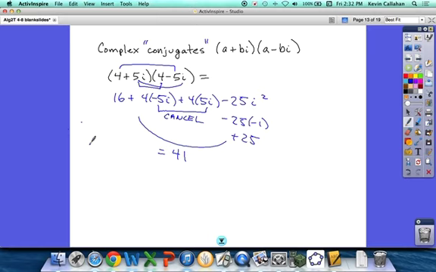We multiplied two imaginary numbers, and we got rid of all the imaginary parts. Now we just have a real number. That is a special case of multiplying complex numbers, and we use this when we divide complex numbers, which is next.